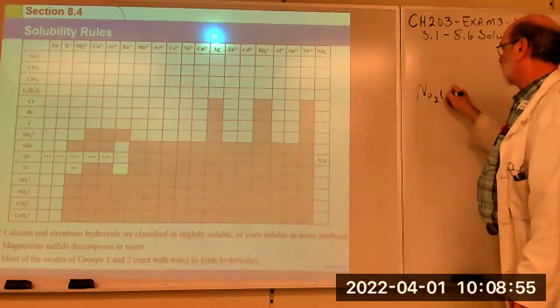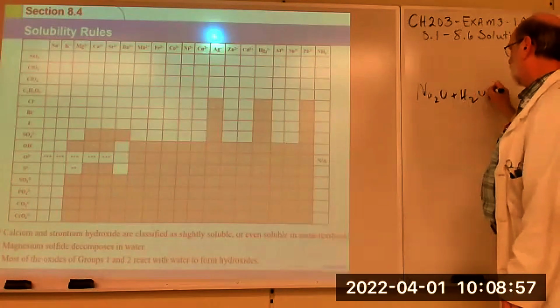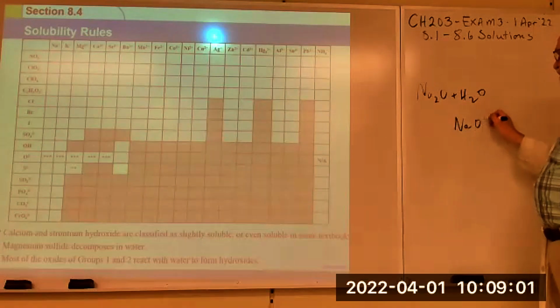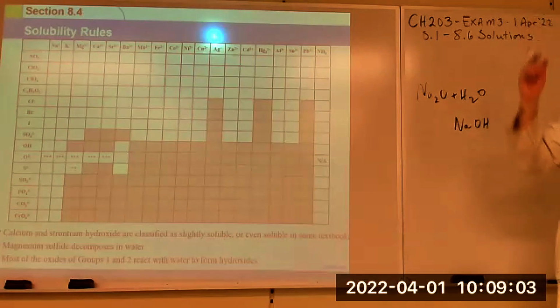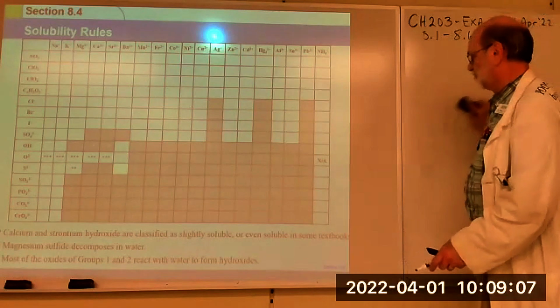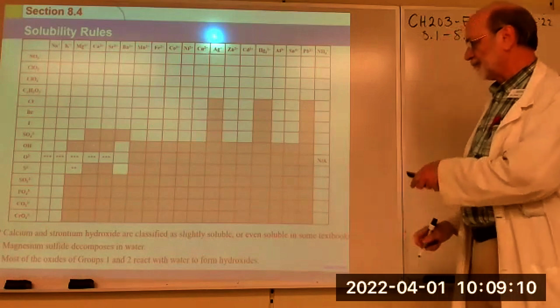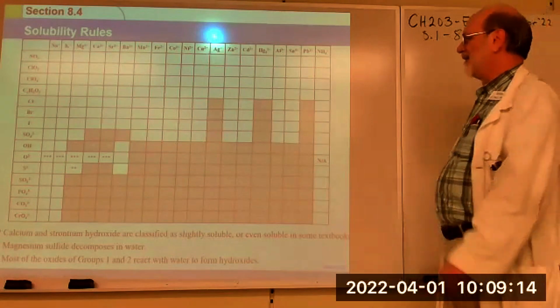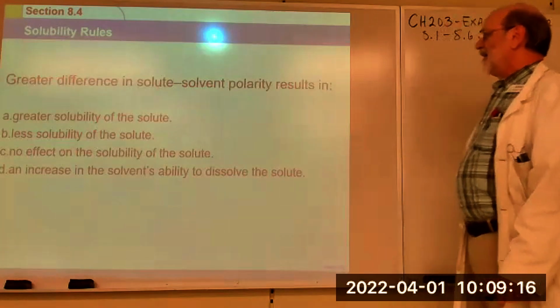If you try to put this one in water, it reacts to form sodium hydroxide. So that's why those asterisks are there. Special cases. I'll try not to give you any of those.